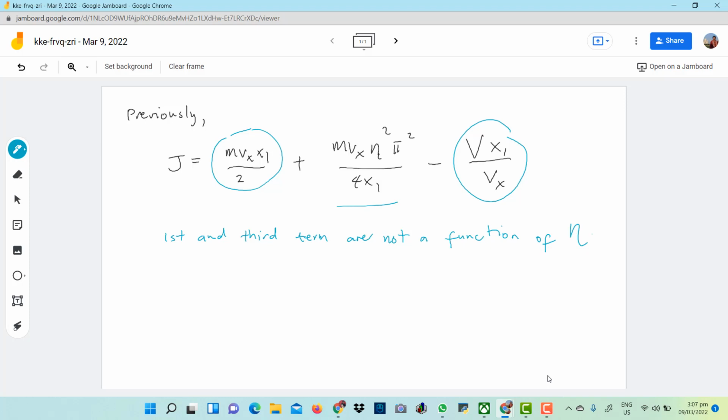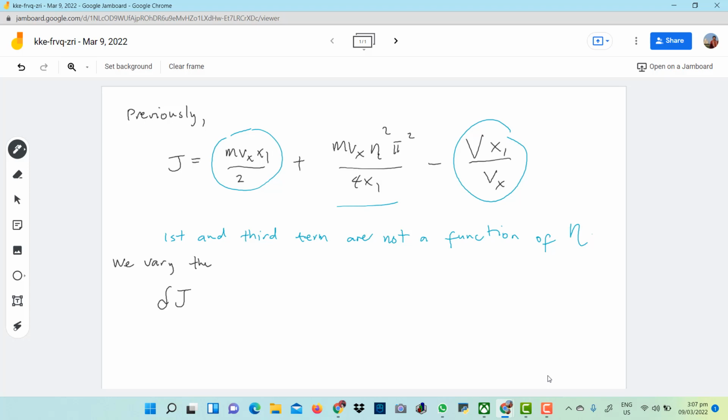So, I emphasized that the first and third are not a function of eta. It's because what we need to do to this J is derive it, same as our previous example. If we derive J, this is with respect to eta, okay? So take note, we will vary the path.